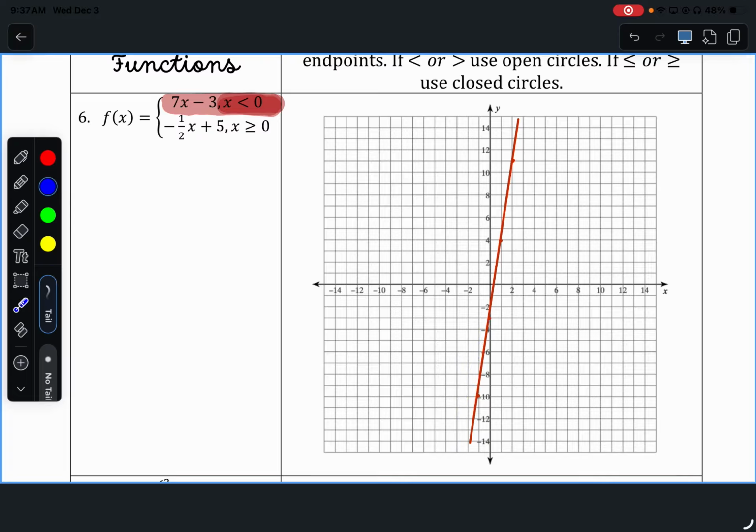So when we have a piecewise function, we have a couple different things that can happen, okay? We can have a piecewise function like number 6, where our graphs jump from one place to the other. When it has that jump, it's discontinuous. You have to pick up your pencil to draw it. That's fine.